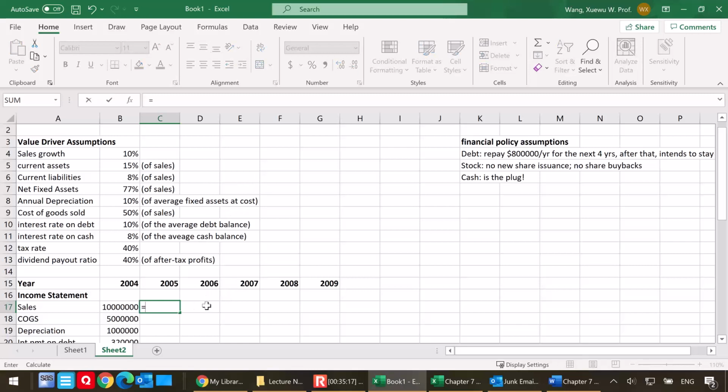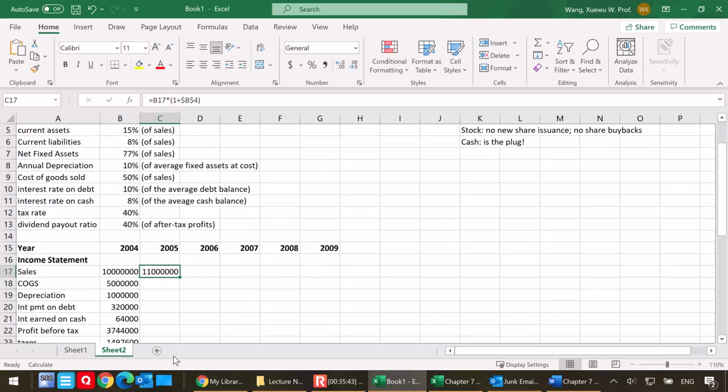So let me take 2004 sales and multiply that by 1 plus the sales growth. I want to be able to copy across, so let me lock down B4. I pressed F4, or you can manually type $B$4 if that is easier. So that's the sales for 2005.